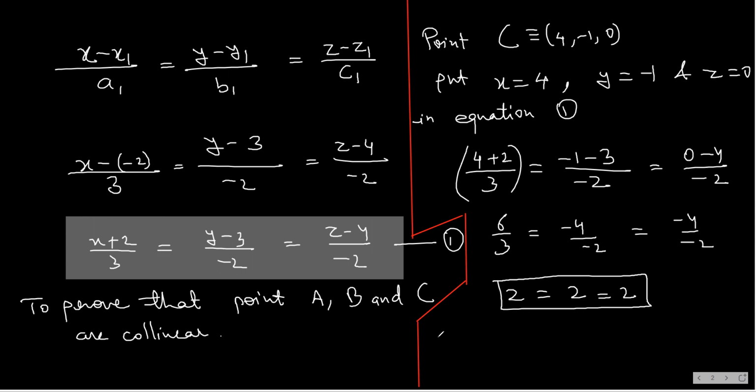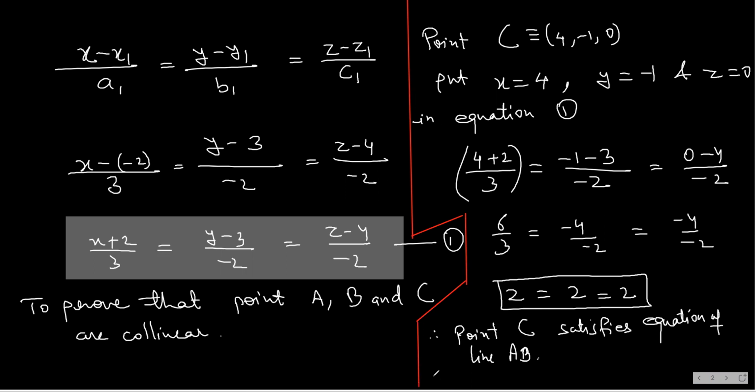I write here, therefore, point C satisfies equation of line AB. Now, we all know, when a point satisfies the equation of a locus, it means the point lies on the locus.